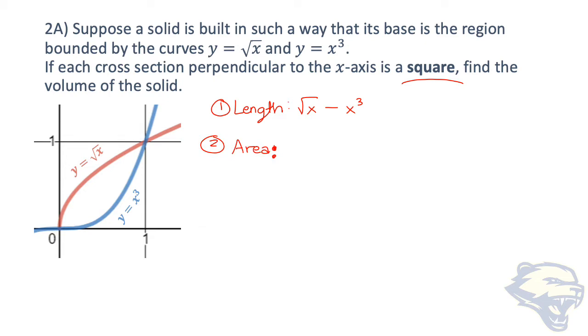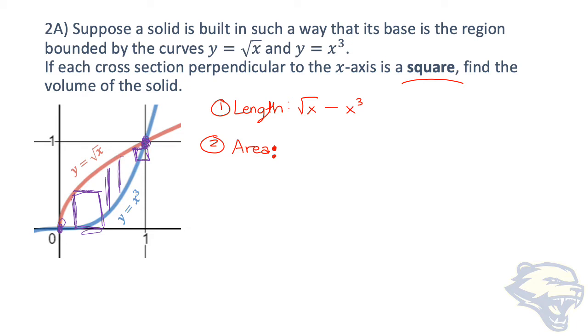Step 2 of our process is to get something that gives us the area. And our cross sections, we're starting off again with squares. So that top minus bottom length is giving us the side length of squares that are sticking up out of the plane. This time they start off really small down here, really at 0, and they get progressively larger as those lengths get longer and longer, and so your squares get taller, but then they get small again as we approach this intersection over here on the right.